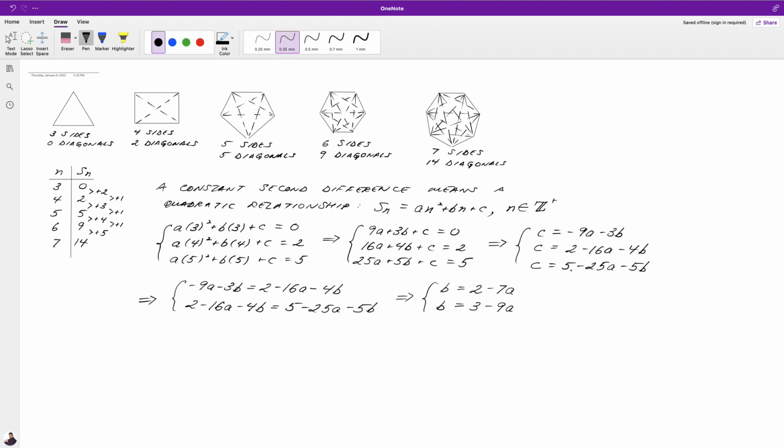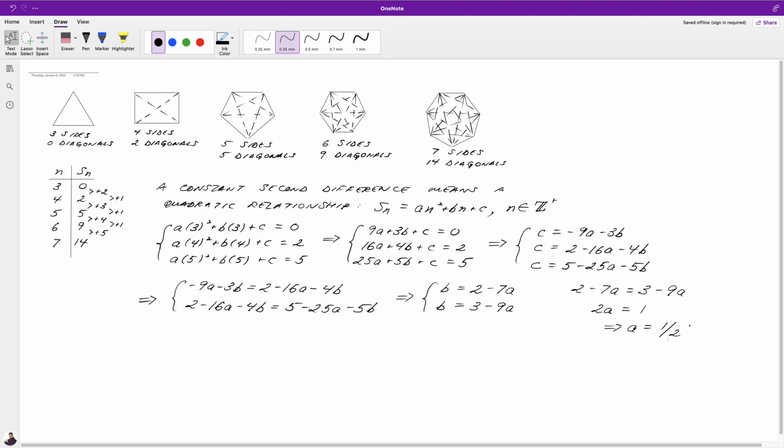Well, b is equal to b after all. This is actually quite convenient. So we can write 2 minus 7a is equal to 3 minus 9a. And adding 9a to both sides, subtracting 2 from both sides, we can see clearly that a equals 1/2. Good.